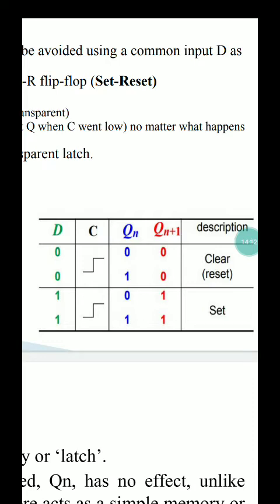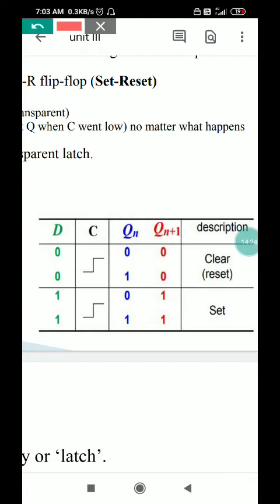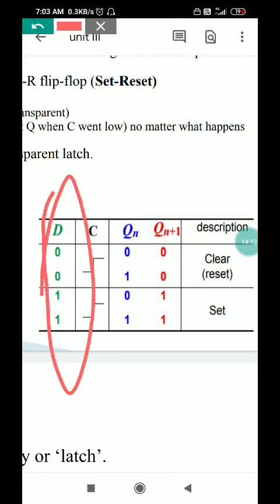For this, first look at this data column D. If D is 0, then it will reset, it will clear the data. If D is 1, it will set the data.